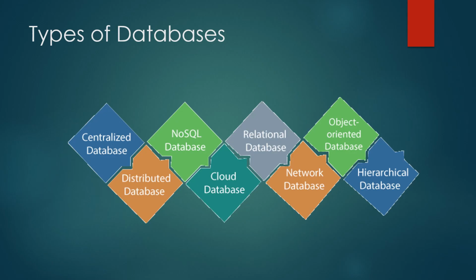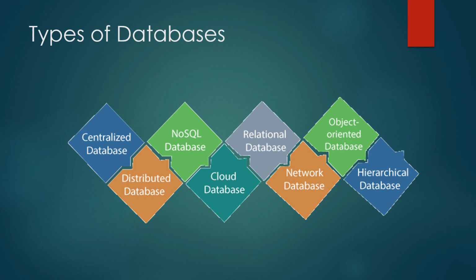So let's do a quick database 101. Let's talk about the different types of databases. There are several types. Categories might include a hierarchical database, which follows the progression of data being categorized in ranks or levels.